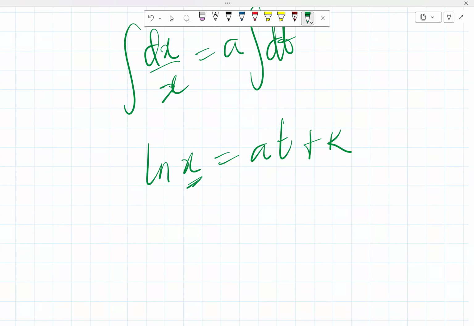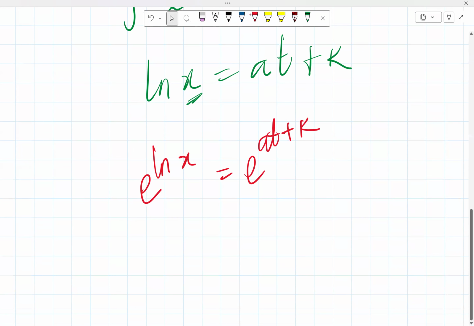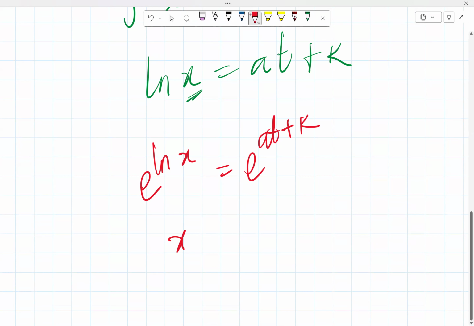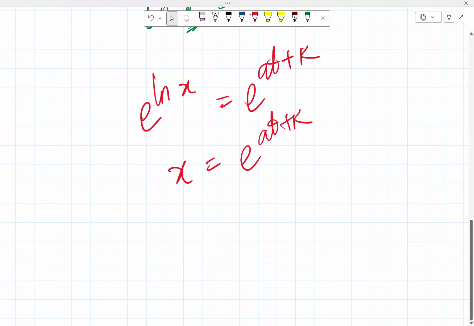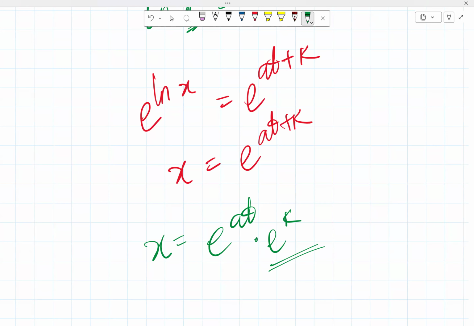But don't forget we are trying to solve for x. The way to solve for x is this: x is attached to the Napierian logarithm. So to remove the Napierian logarithm, you need to take the exponent. So e raised to ln x is now e raised to the power at plus k. And e raised to ln x simply means x. Then you have e raised to the power at plus k, so x equals e raised to the power at multiplied by e raised to the power k. e raised to the power k is a constant.